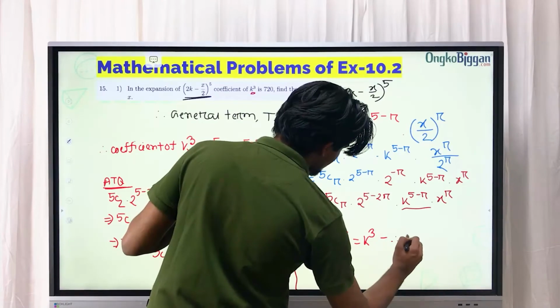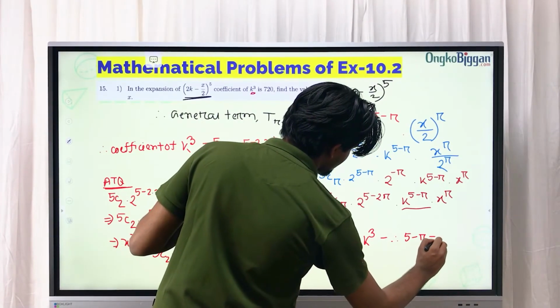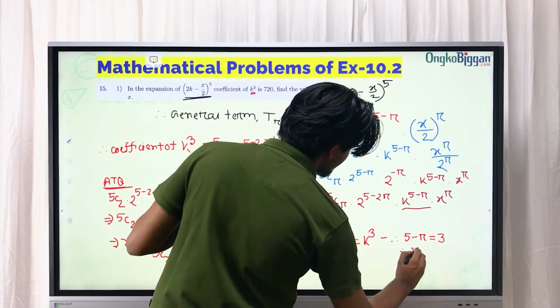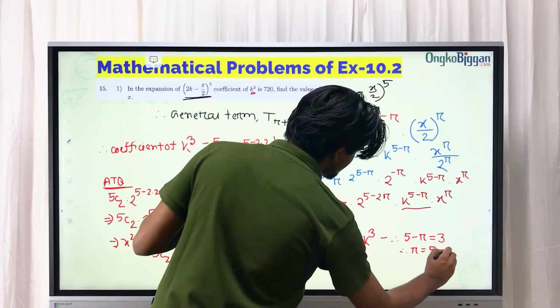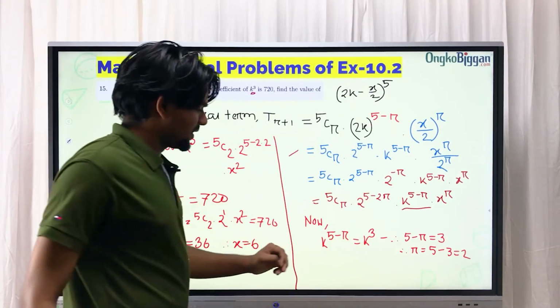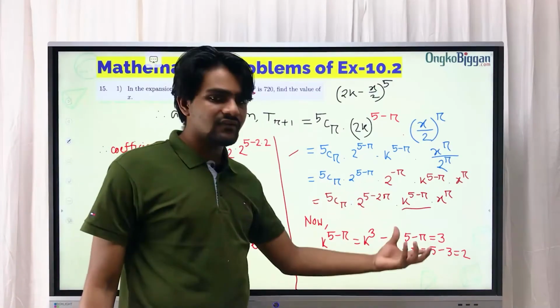So therefore 5 minus r equals 3, so r will be 5 minus 3 equals 2. In this way, you find the value of r.